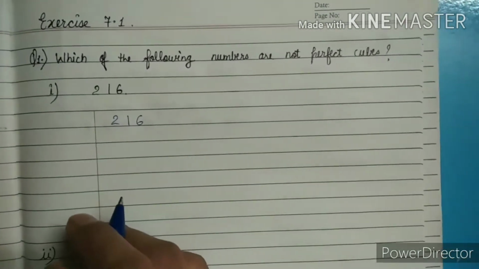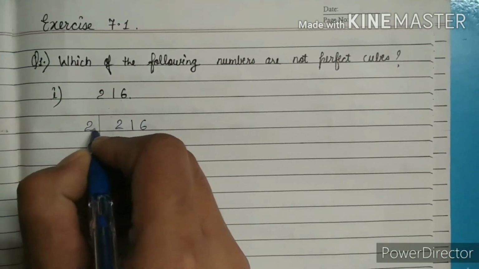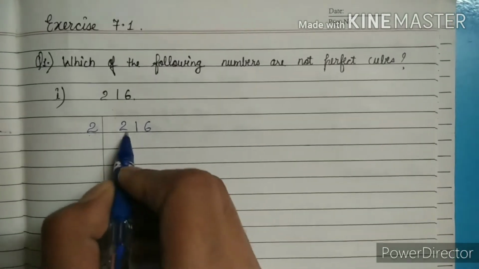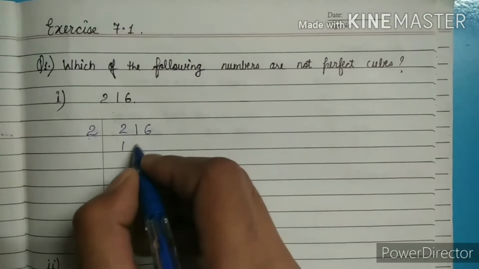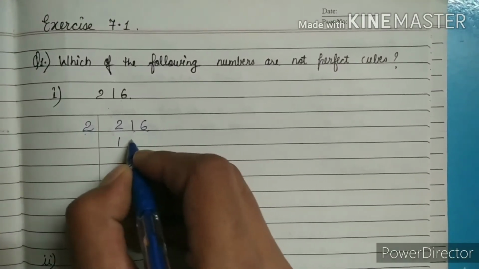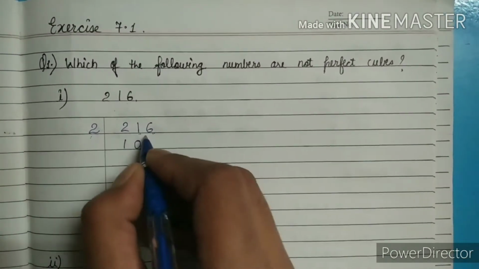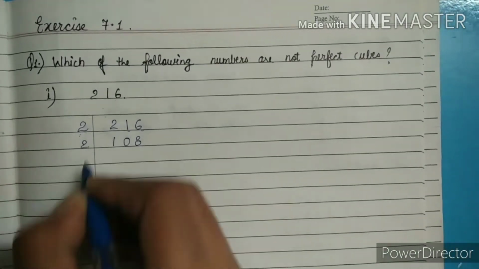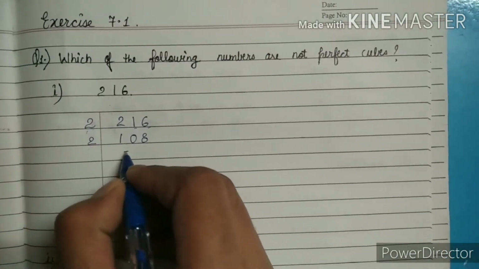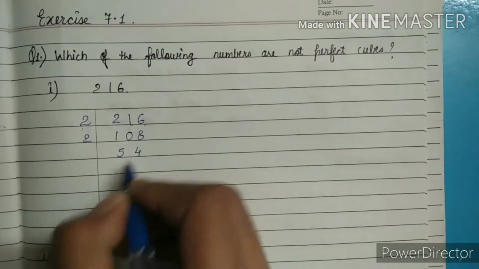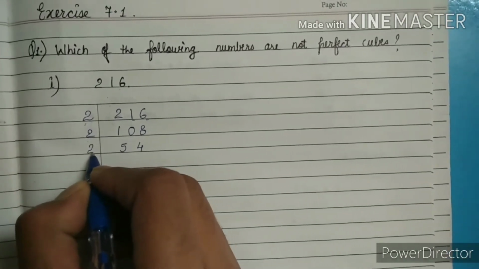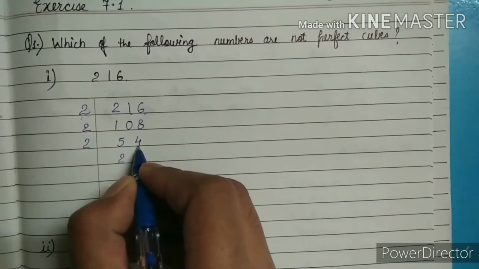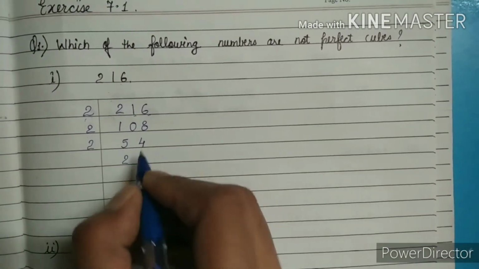Same as before, we will do the prime factorization of the number. 2 1s are 2, 2 8s are 16, 2 5s are 10, 2 4s are 8, 2 2s are 4, and so on, until we reach 14, 2 7s are 14.